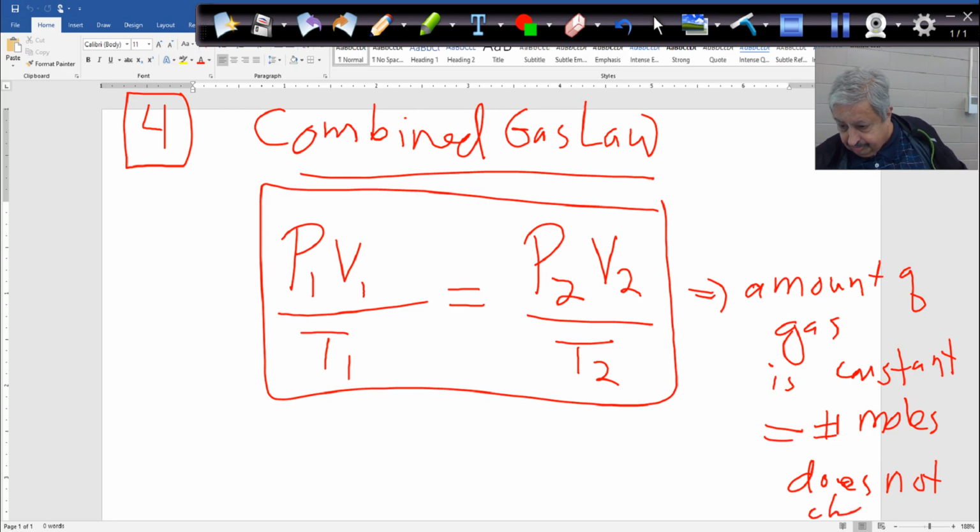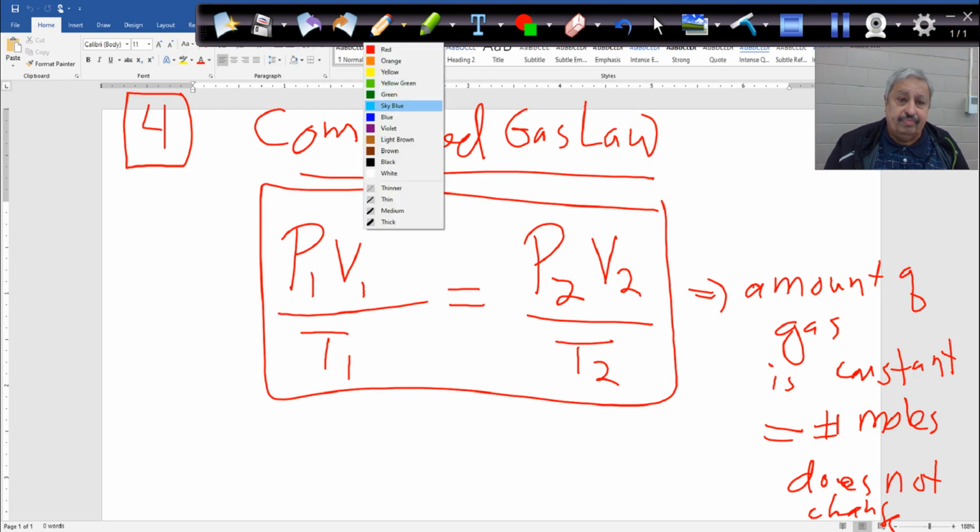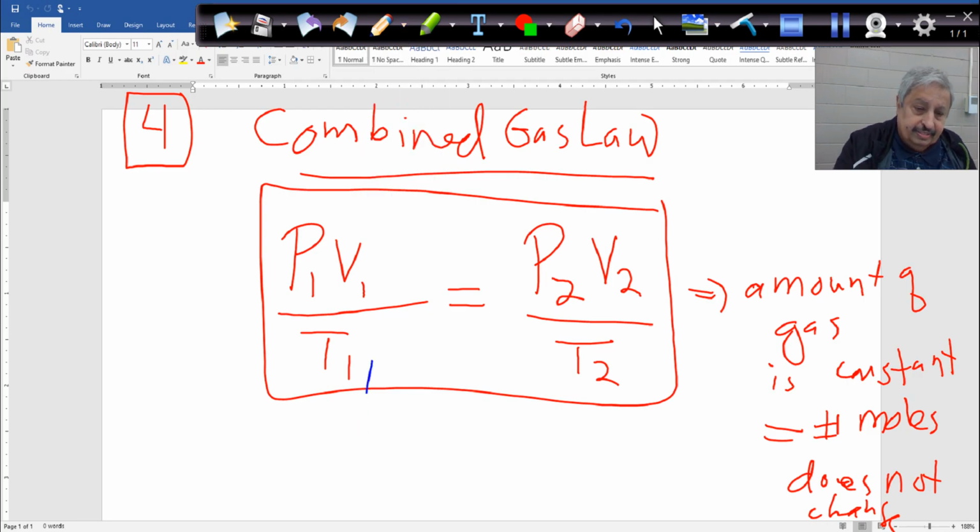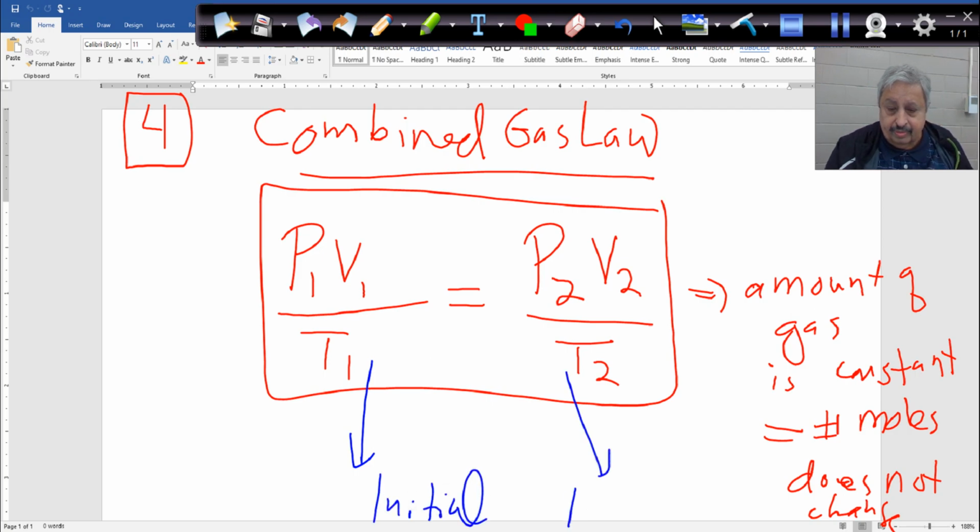Correct? I'll show you later on, but that's what happens. Again, we have the same type of setup. This is initial. This is final. This is just the conditions here.